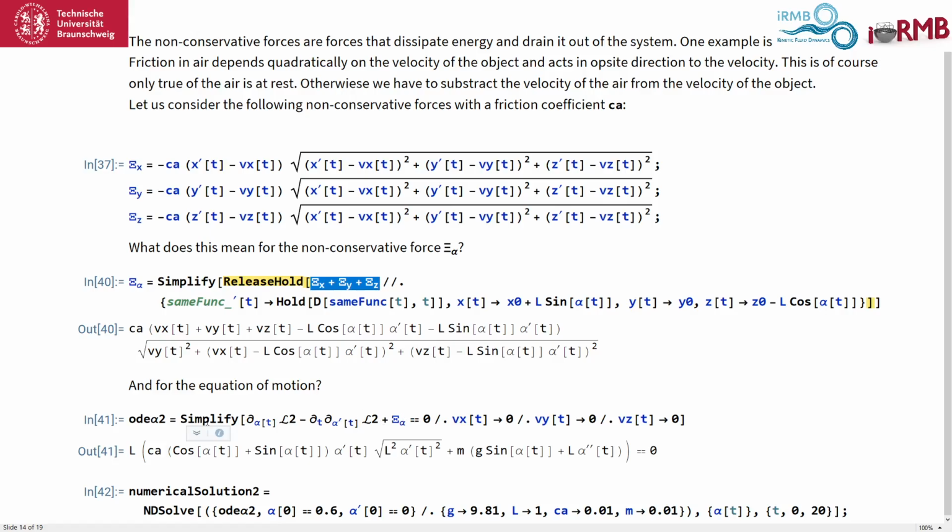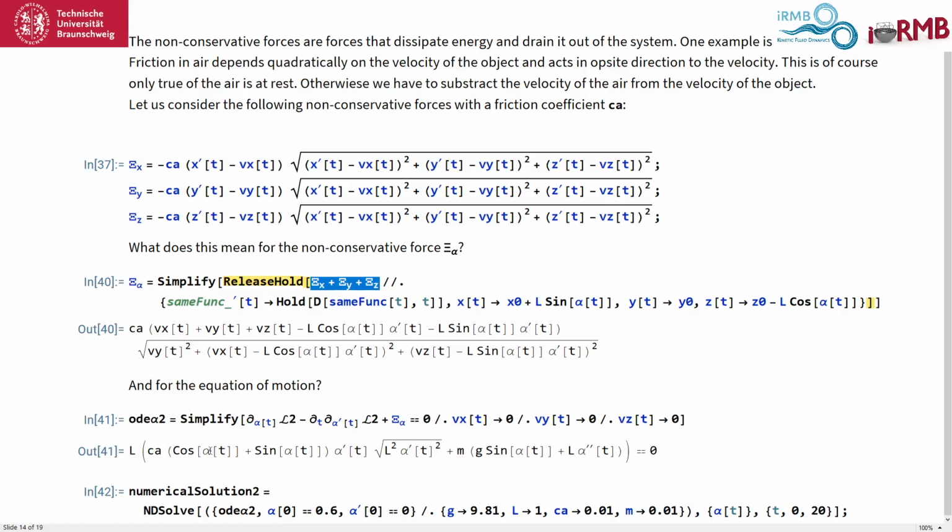So now we simply apply our Euler-Lagrange equation again. So we assume the air is not moving. And now we get to this equation of motion.